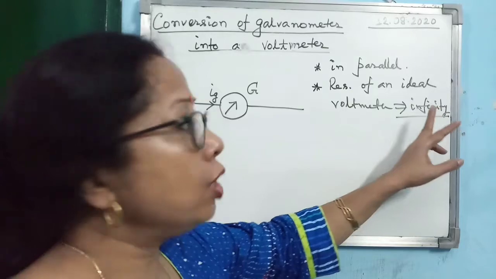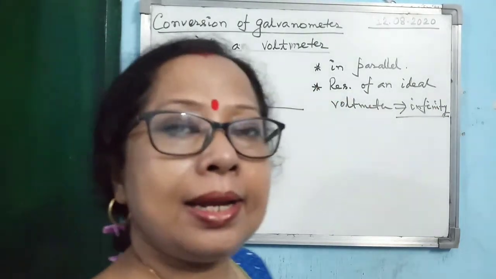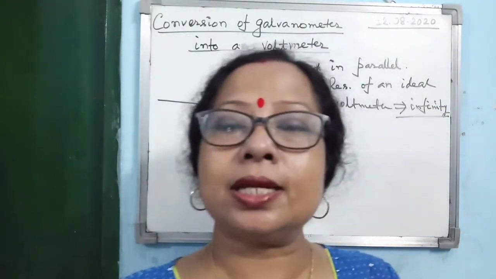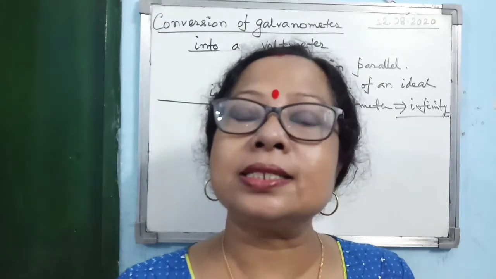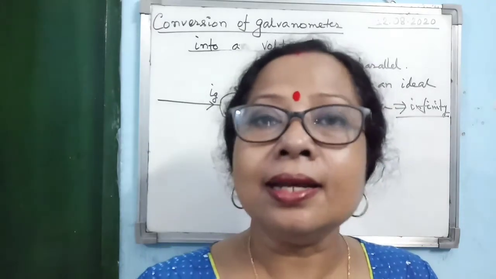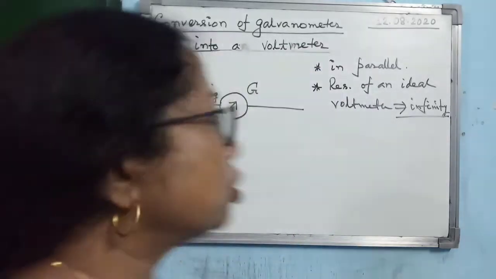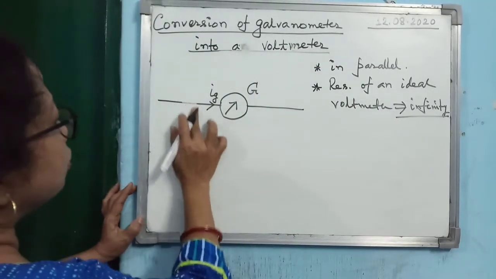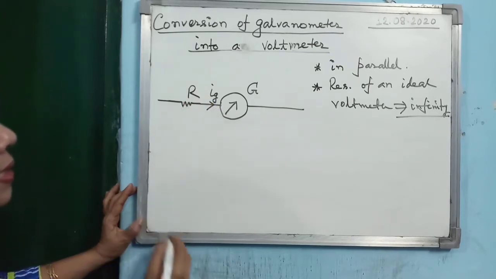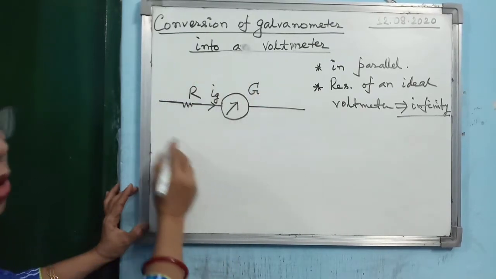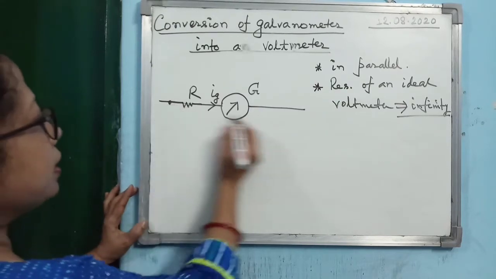Infinity we cannot make, so how do we do it? If we apply our concept of series and parallel combination, in series combination the equivalent resistance is higher than the individual resistances. So you have to connect a very high resistance in series with the galvanometer.